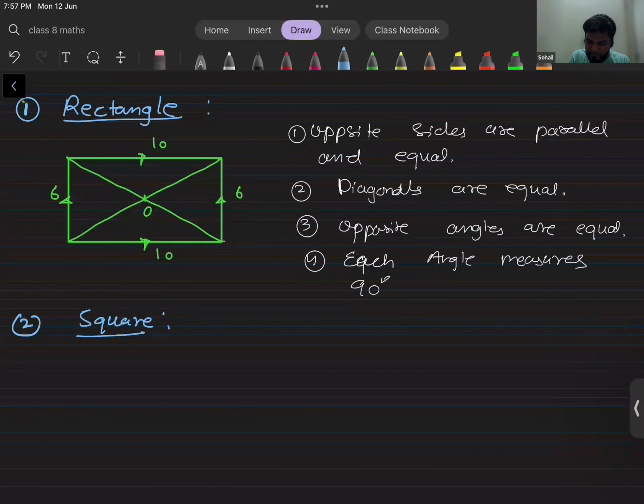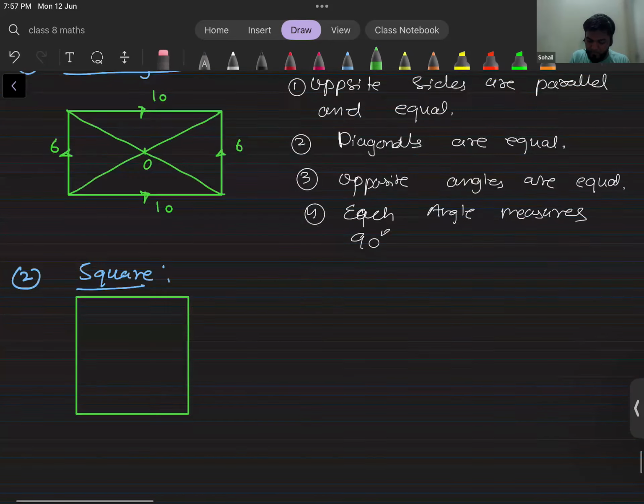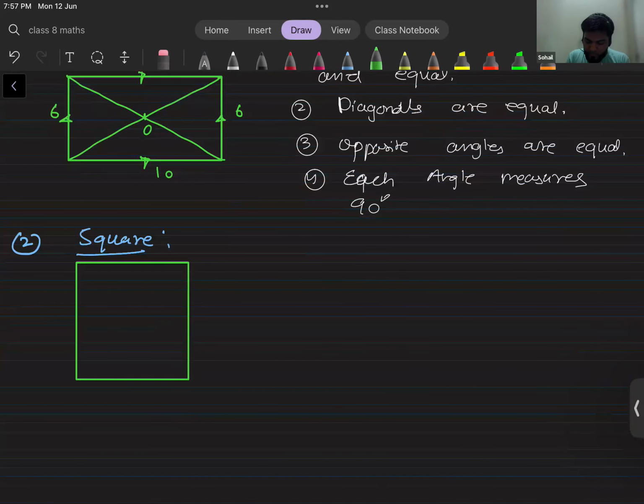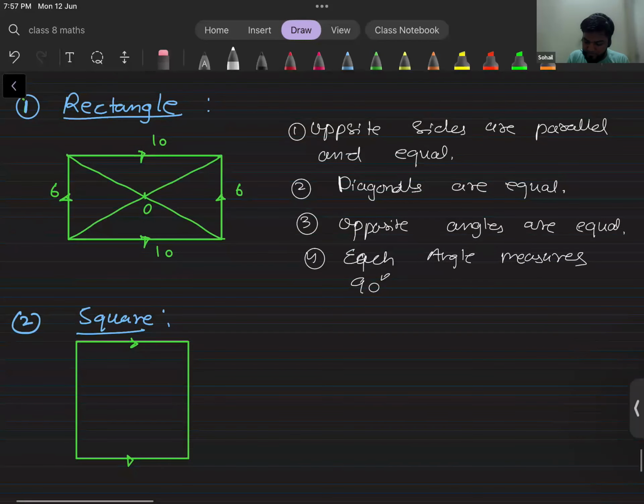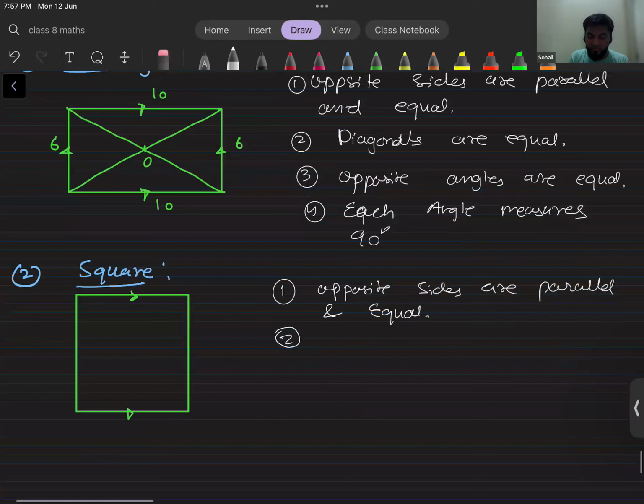So let's draw a square here. The opposite sides are equal. Let's write the properties. Opposite sides are parallel and equal. Next, diagonals bisect each other.